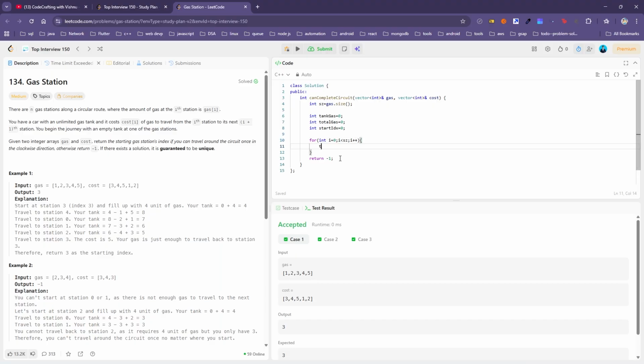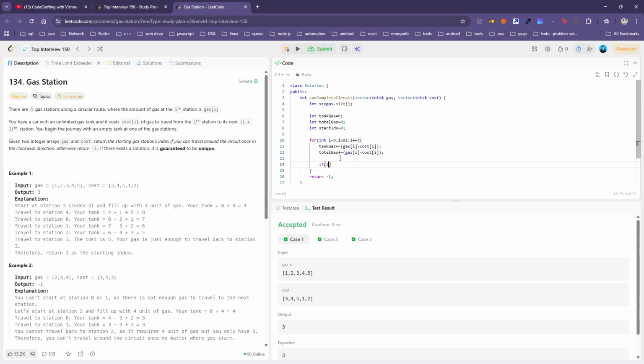Now at this point our tank gas will be, we take the gas at this position, and to move on to the next position we have to pay the price, which is price at i, and also the total gas will be, we take the gas at i and pay the price at i.